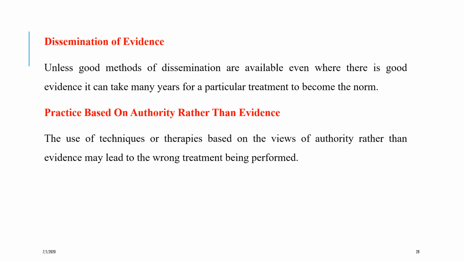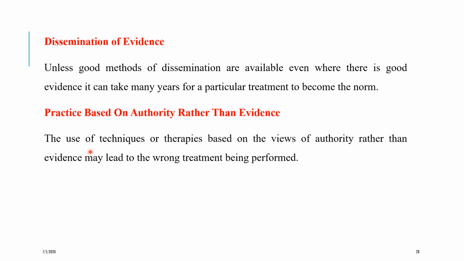Dissemination of evidence. Unless good methods of dissemination are available, even where there is good evidence, it can take many years for a particular treatment to become the norm. Practice based on authority rather than evidence.